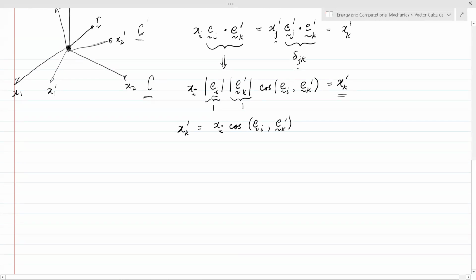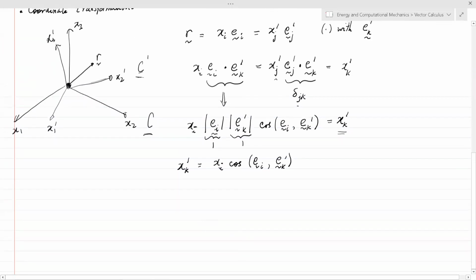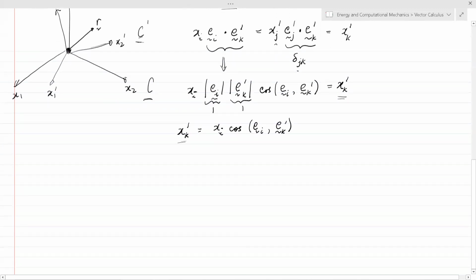So now I have a way of transforming the components of the position vector r, which are written originally in this way, into the new coordinate system C prime. As long as I know how the two systems are oriented next to each other, I can calculate these cosines.